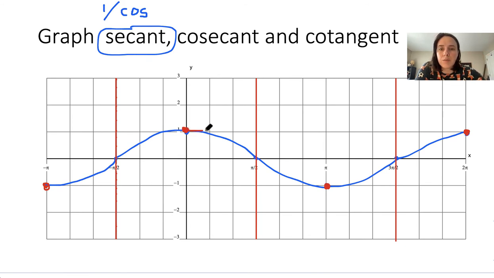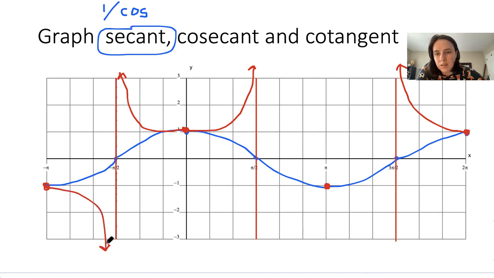So the shape of this swirls out and makes this cute little U shape that approaches these vertical asymptotes. So if we're above the x-axis, if our cosine is positive, our secant is positive. And if we're below the axis, our secant is negative.